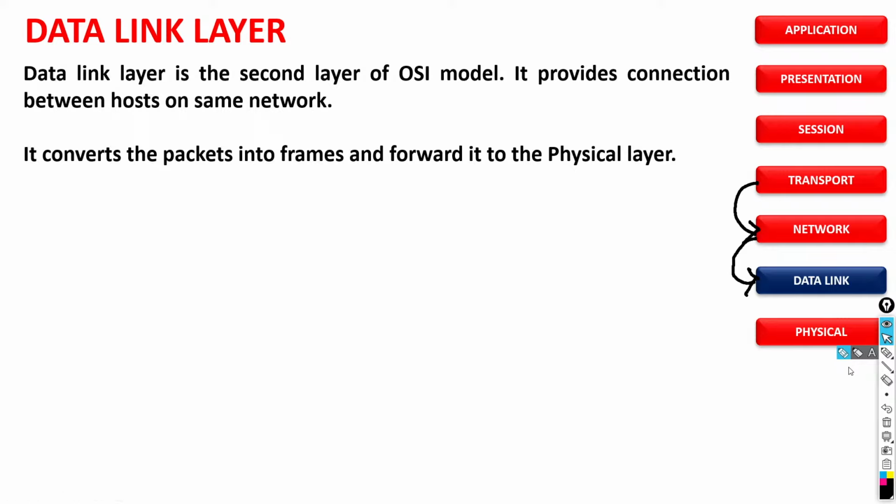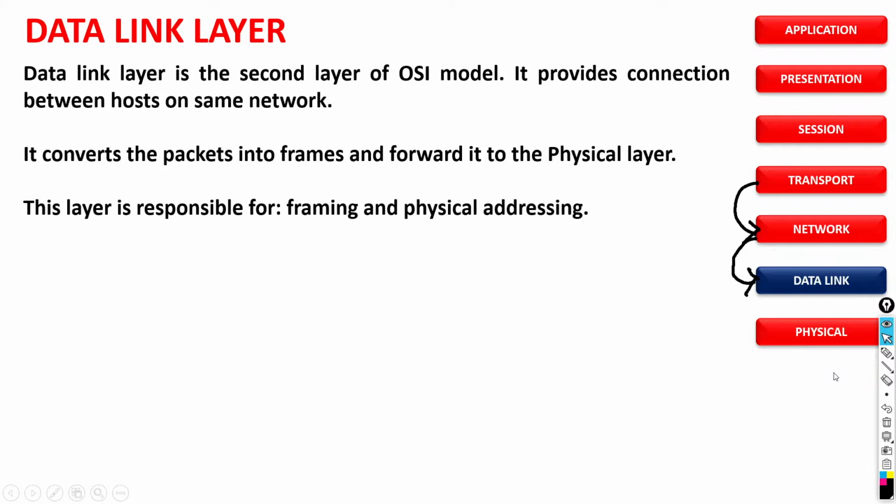Now, this layer is responsible for framing and physical addressing. It means, in a PC, I have to assign one logical address that we call an IP address. But in the same PC there is also a MAC address. Without knowing the MAC address of the destination, you cannot send the data. For example, there is one PC and another PC where you want to send the data.